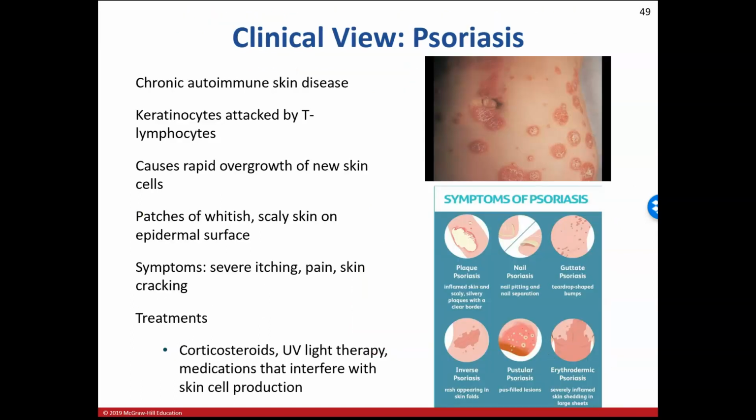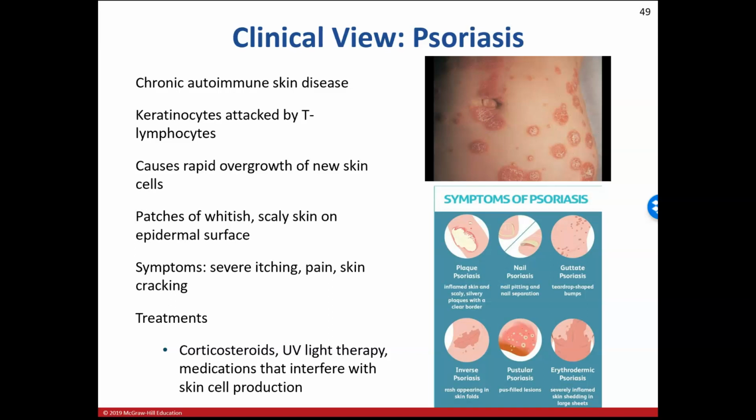Now let's take a look at a clinical view here on cirrhosis. This is a chronic autoimmune skin disease where our keratinocytes are attacked by T lymphocytes within our adaptive immune system. This will cause a rapid overgrowth of new skin cells, which you can see taking place over here, and where we're going to get patches of whitish and scaly skin on the epidermal surface.